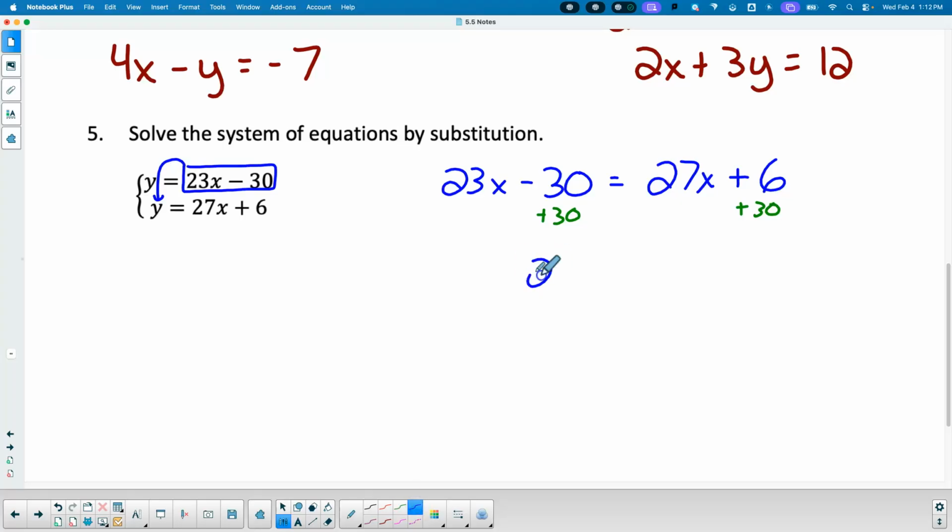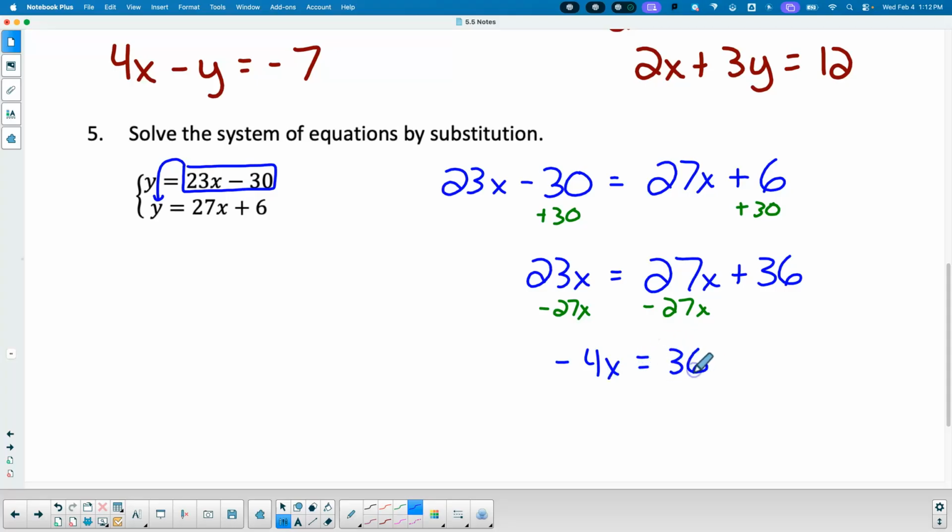That would give me 23x equals 27x plus 36. Then subtract off 27x. That would give me negative 4x equals 36. Divide by negative 4. That would give me x is negative 9.